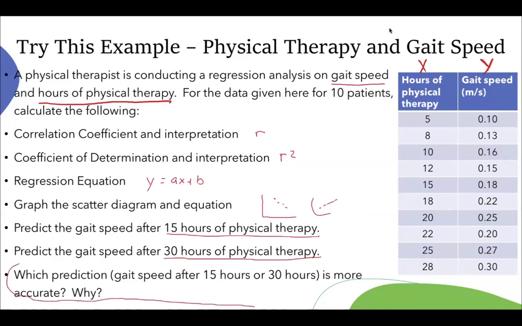Which prediction is more accurate? The prediction for gait speed after 15 hours or the prediction for gait speed after 30 hours, and why is it more accurate? That is going to be a question of interpolation versus extrapolation.